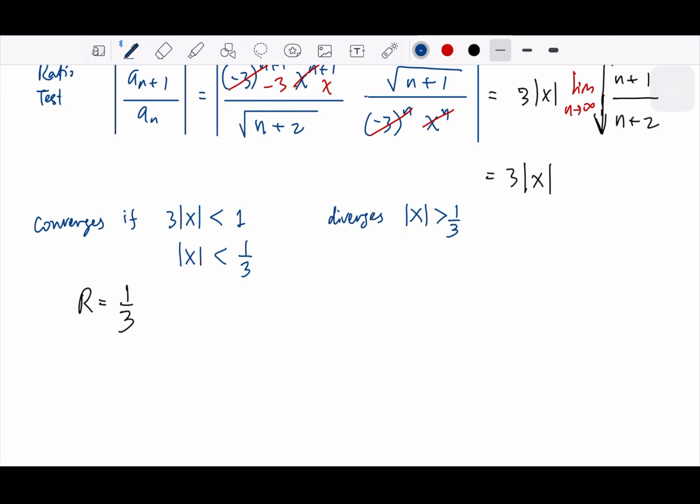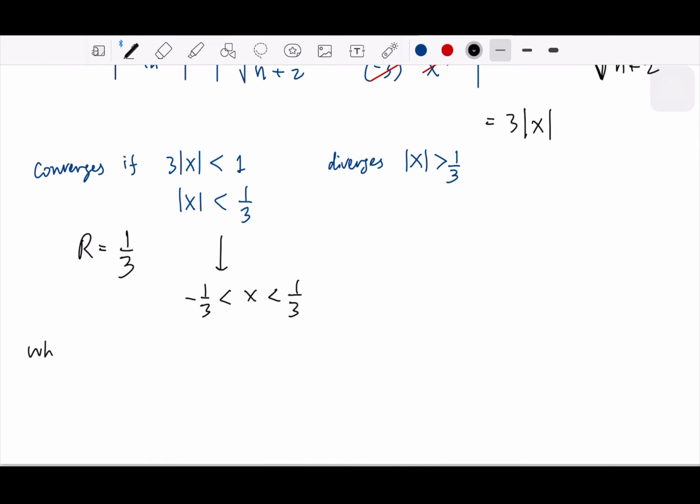And then for the interval of convergence, we know that it will be between minus 1/3 and 1/3, but we need to check when x is equal to 1/3. Maybe we start with the minus 1/3 first.